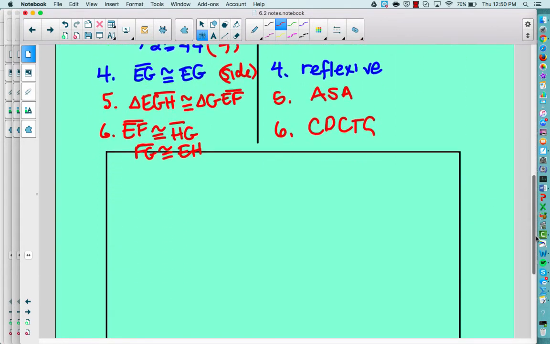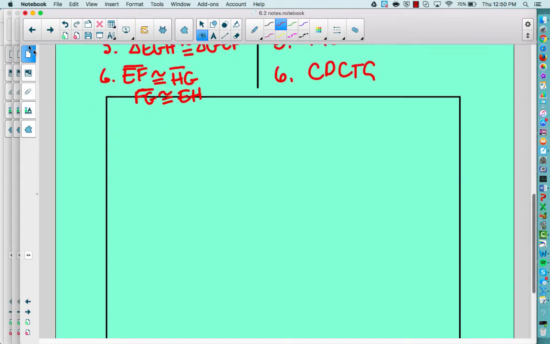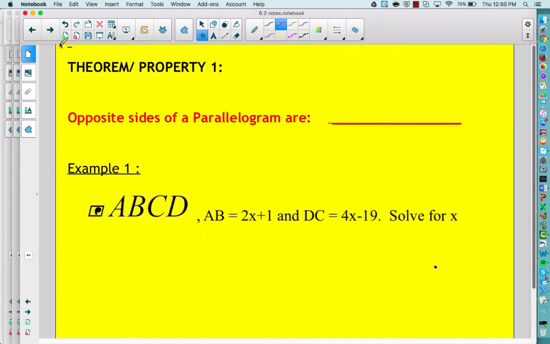All right, so basically, guys, what you just did was you proved that opposite sides of a parallelogram are congruent. It is a theorem, but we're not gonna give it a name. We're gonna actually state in proofs opposite sides of a parallelogram are congruent. We're gonna use the whole statement because it's just easier.